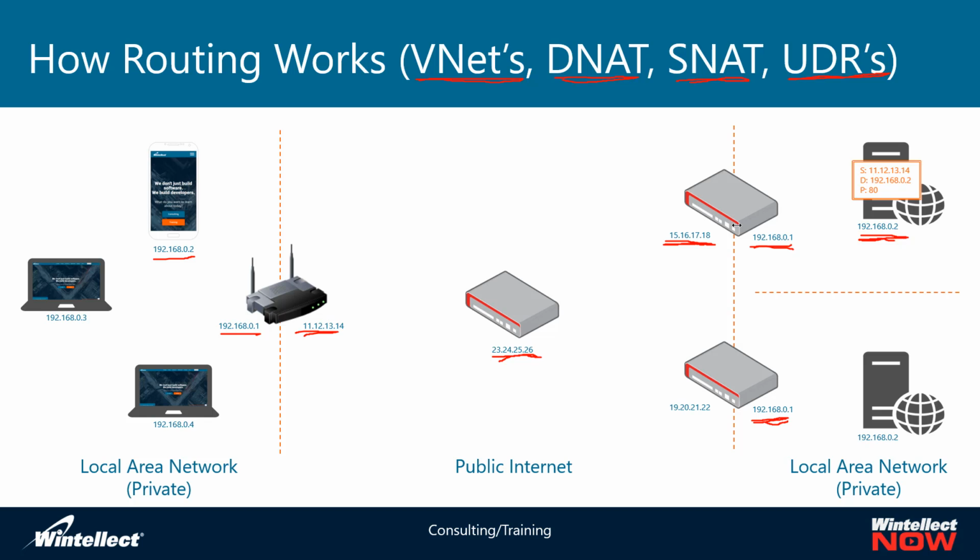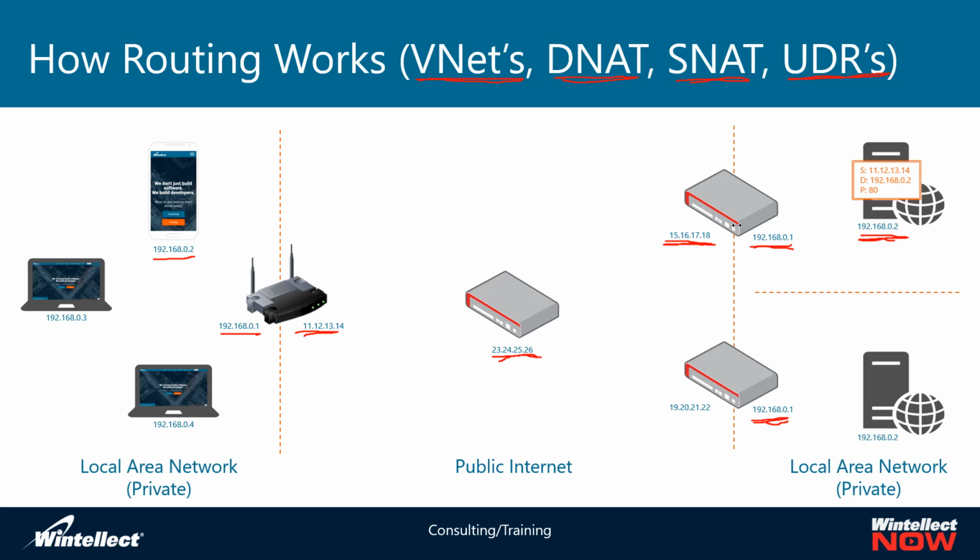So the ability to define user-defined routes based on source and destination are some things that you can do within the context of route tables on Azure VNets, and you can also define some things related to those if you want to stand up virtual network appliances on Azure as well.